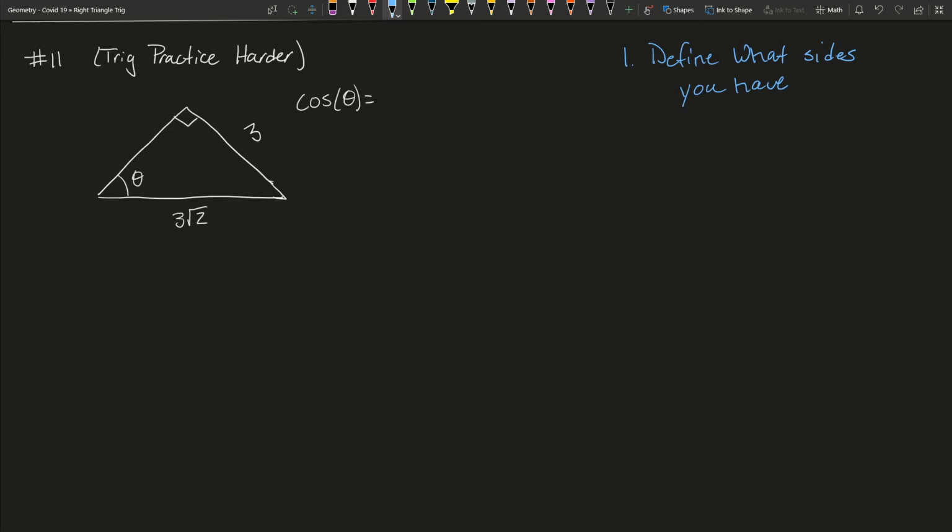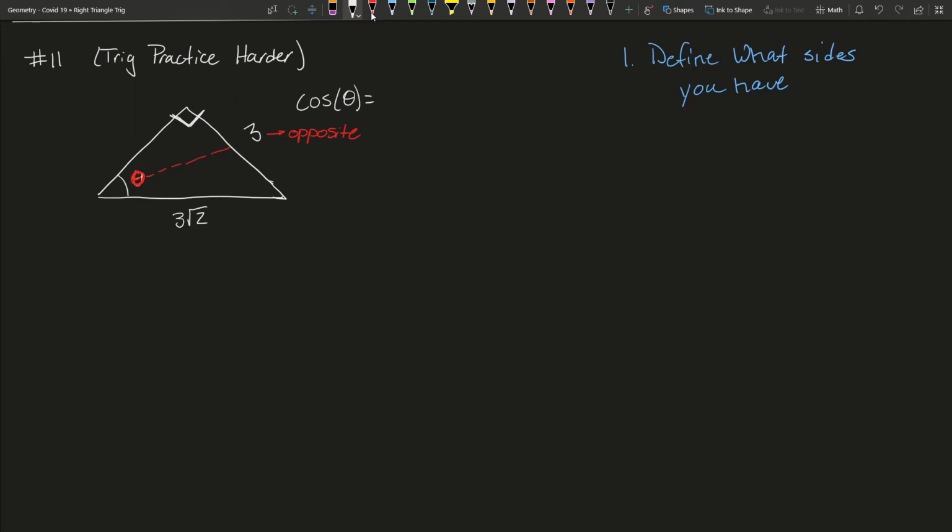The sides that we have are all dependent on where our angle is. In this case, we're dealing with theta. If we draw a line from theta to the other side of the triangle, we get our opposite side. Then we can find our hypotenuse, which doesn't really have to deal with theta, but it does have to deal with our right angle.